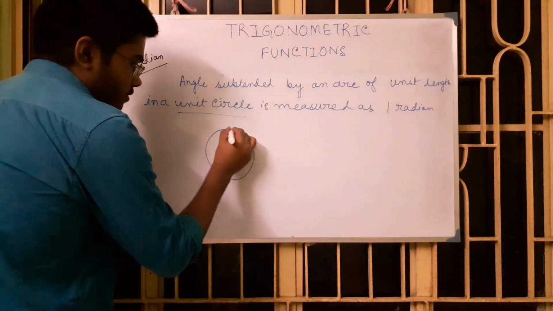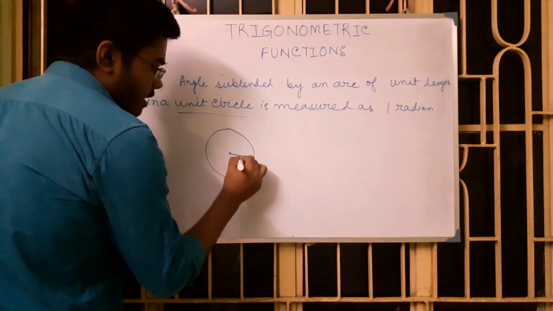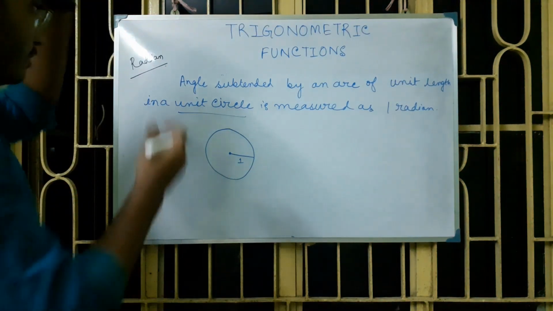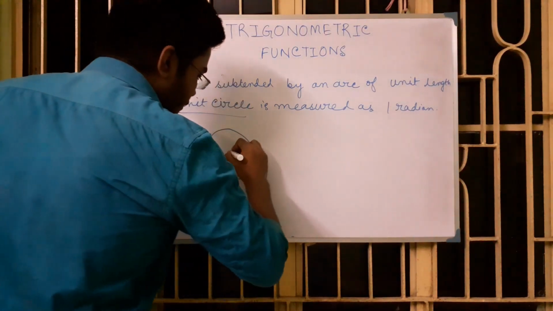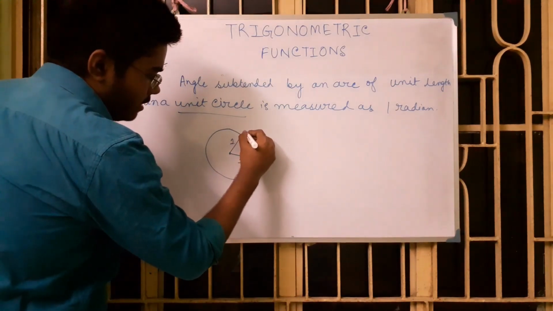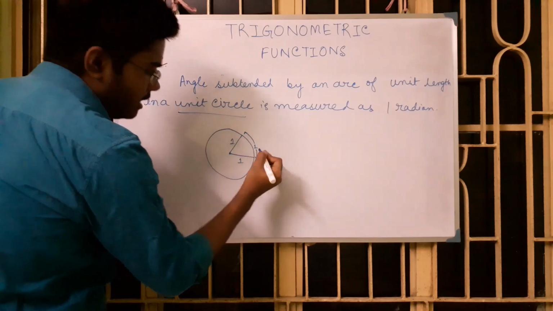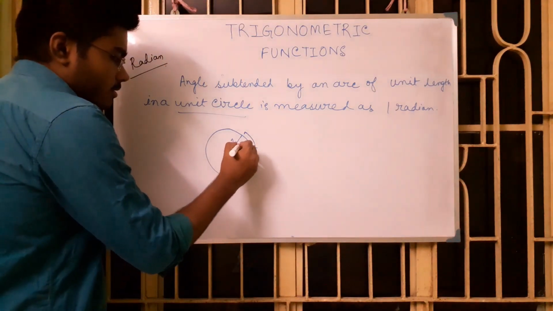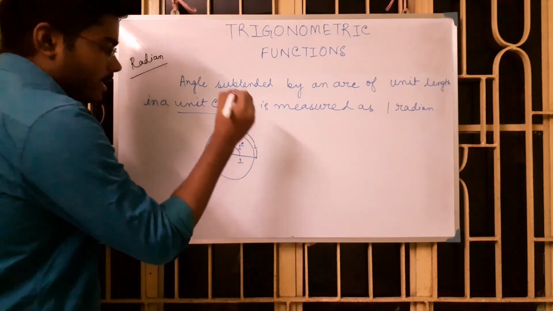Unit circle means a circle of radius 1. And an arc of unit length in a unit circle, that means this is also 1, and if we move 1 unit length, then this is 1 radian.